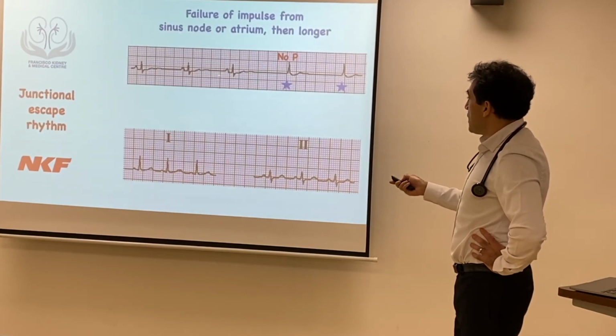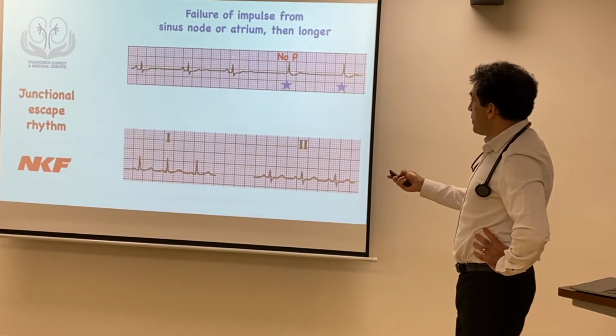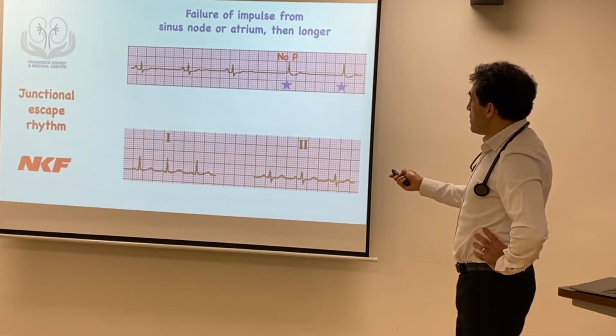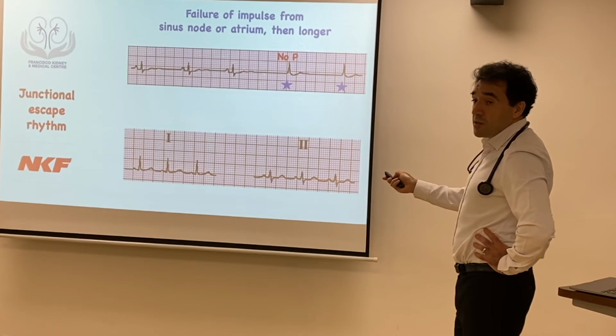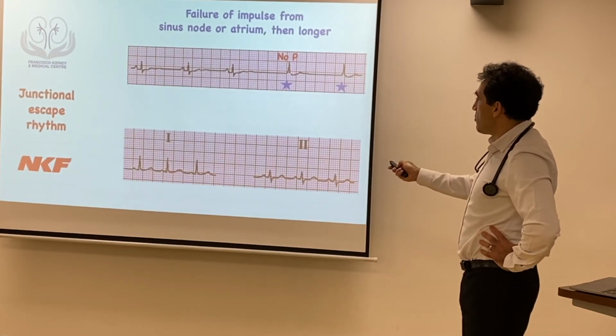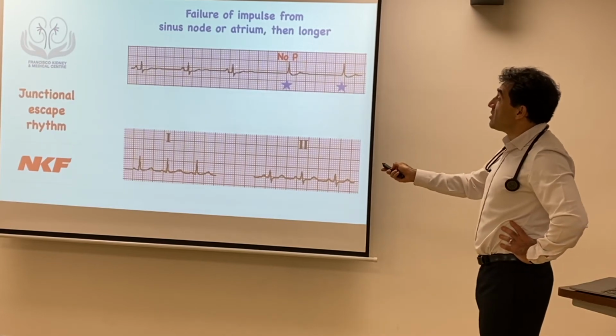Here's a junctional escape rhythm. There is no impulse coming from the sinus node of the atrium. Then suddenly some part of the heart needs to take over the beat. In this case it was the junction, and it's a junctional escape rhythm. Because this one doesn't occur earlier, no?